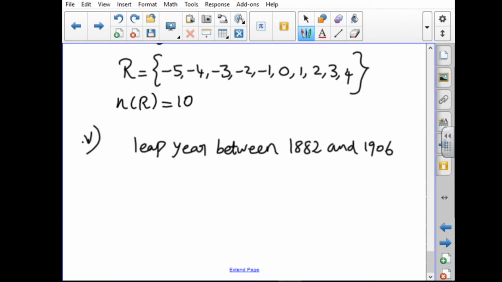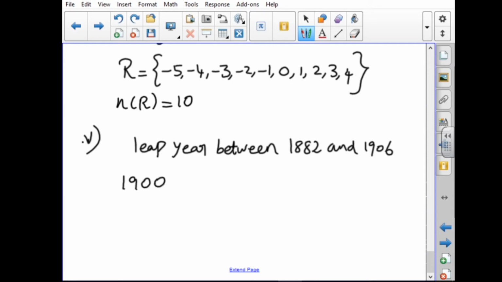Every year that is exactly divisible by 4 is a leap year. You know that every year that is exactly divisible by 4 is a leap year except the centuries. Centuries means here we come across the year 1900.